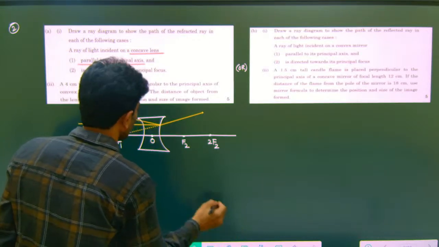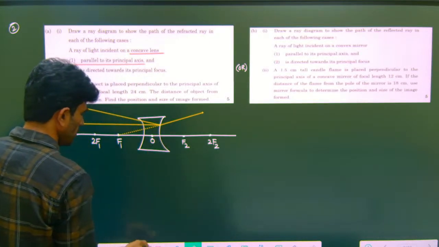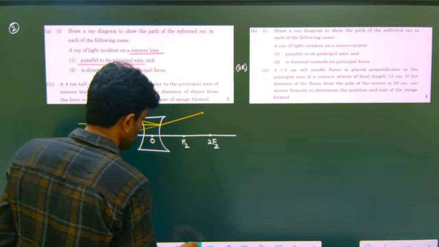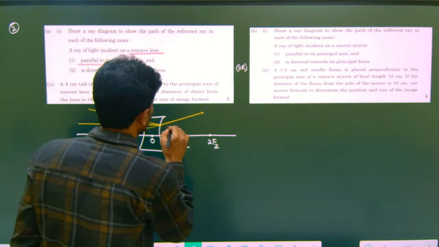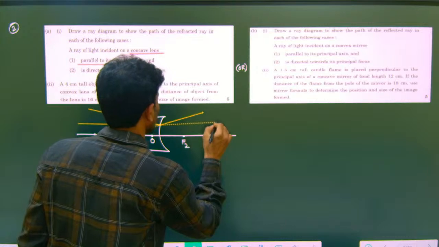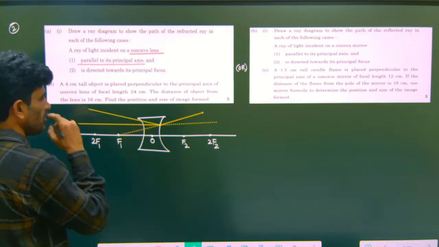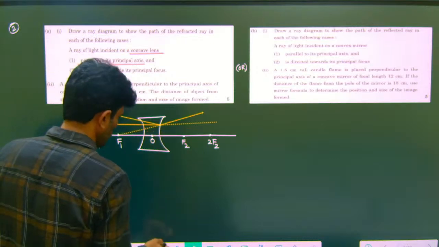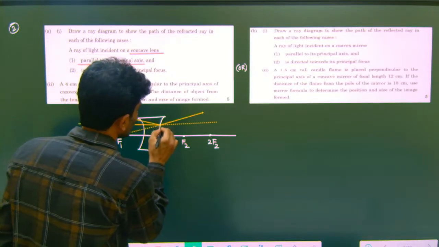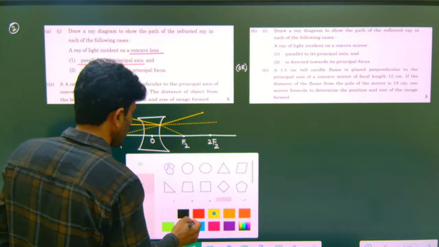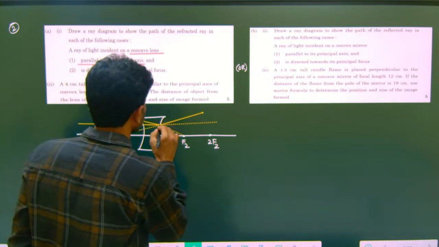One second. It looks like it is parallel after the refraction. It will be parallel to principal axis because it is looking like coming out of the focus. After the refraction, it looks like it is parallel to principal axis like this.